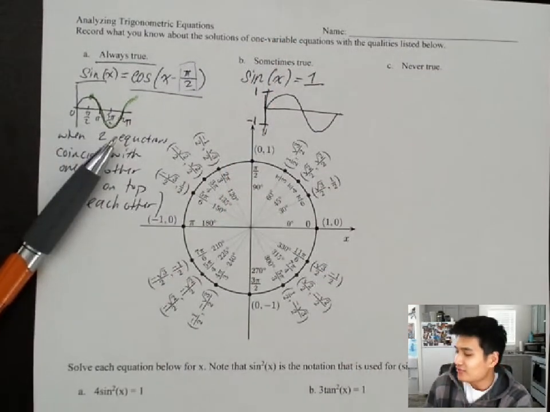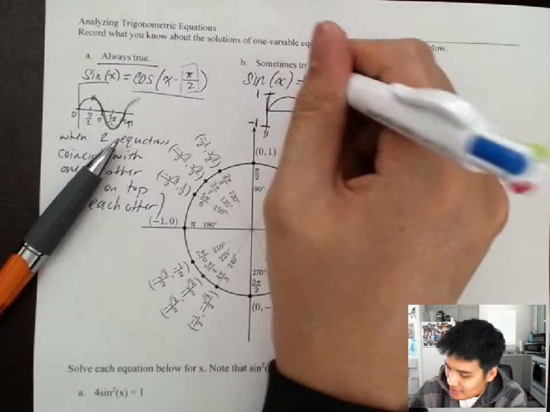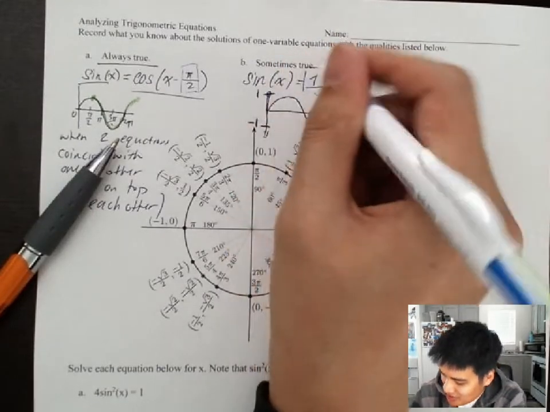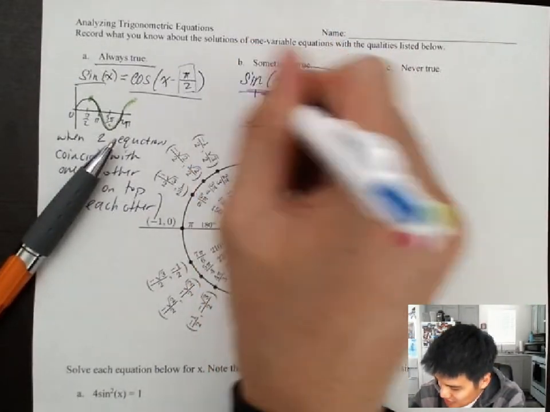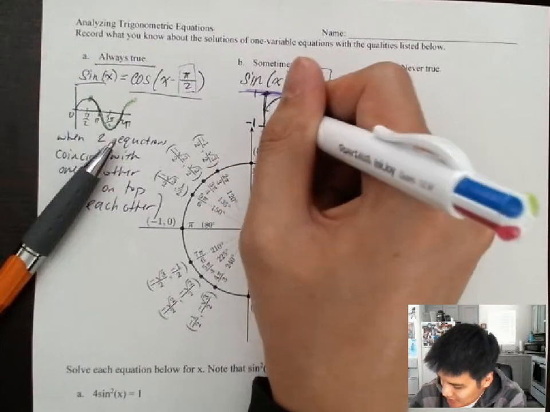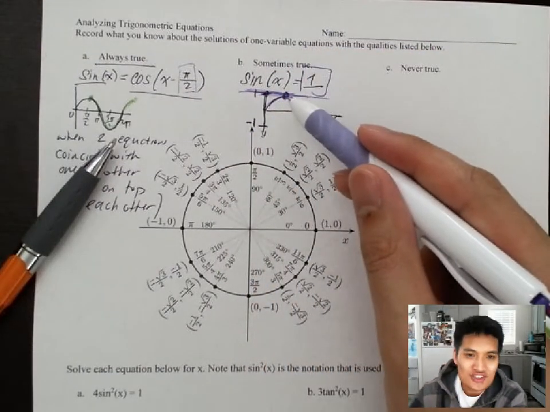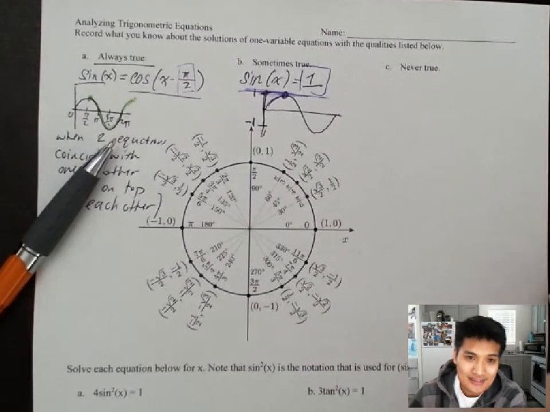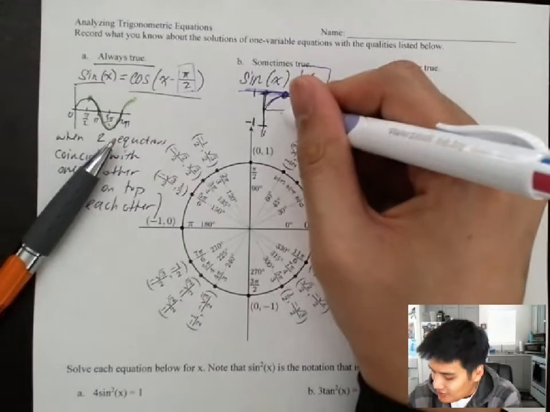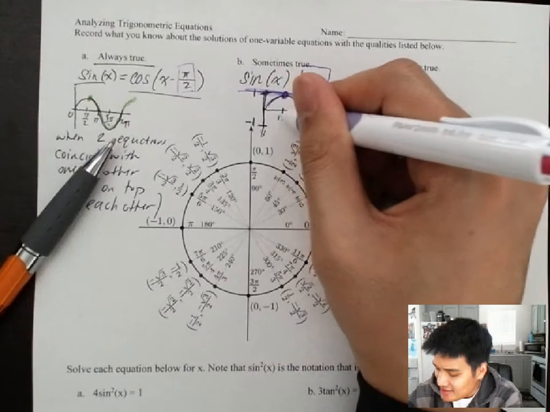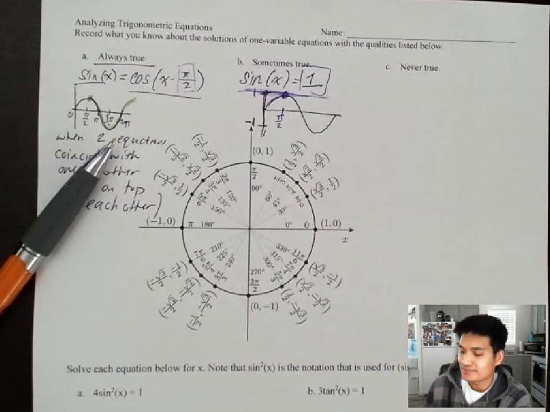And if I were to graph 1, right, that's going to be essentially just a horizontal line here. Okay, and as you can see, these graphs only intersect at this particular point. And when you look at this, this is actually going to be at pi over 2.